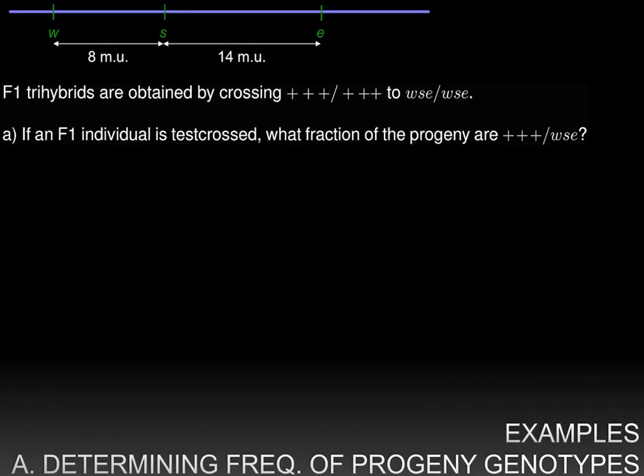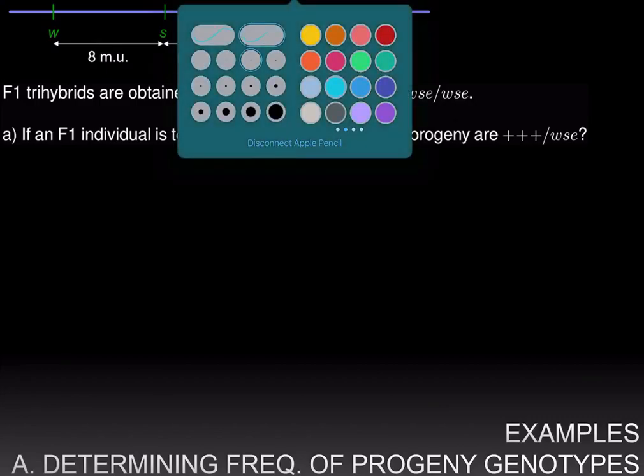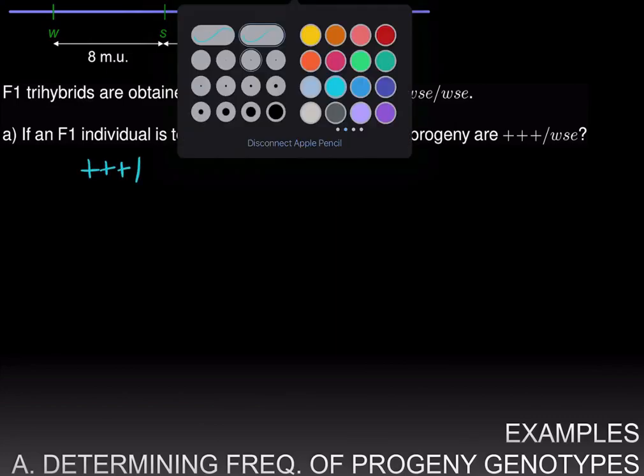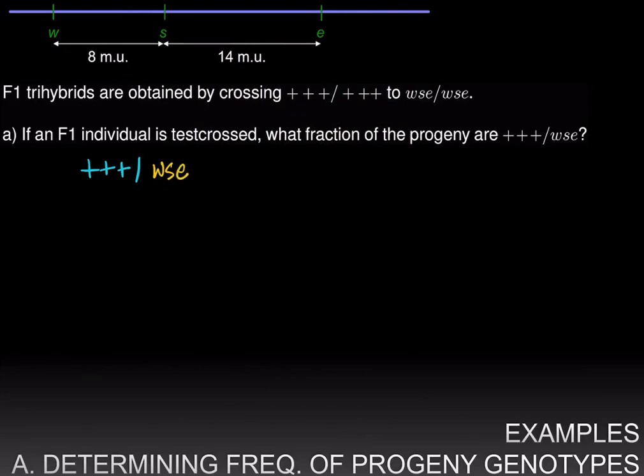So we are going to write that test cross, and we have plus plus plus over WSE crossed to WSE over WSE. This is our tester, who is homozygous for the recessive allele of all 3 traits.